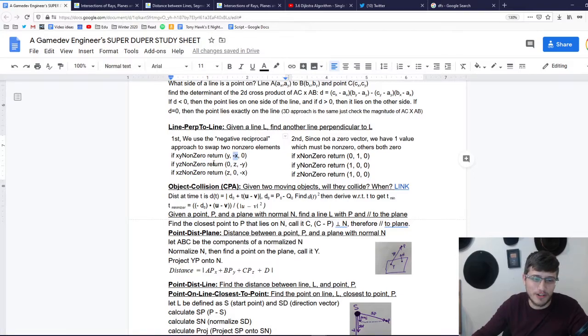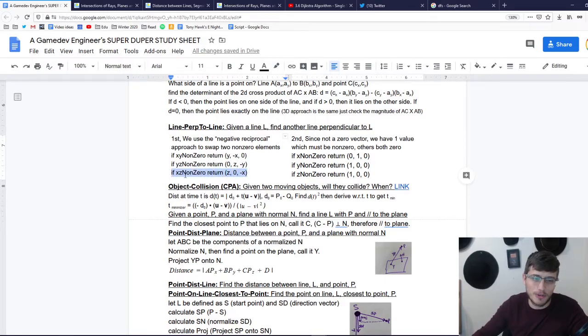So in this case, I inverted x. If y and z are non-zero, then you can invert y. And if x and z are non-zero, then sure, invert x. So that's kind of the idea. And if you take that line, z and negative x, that's going to add up to the negative reciprocal. And then you zero the last component so that it doesn't affect your calculation.